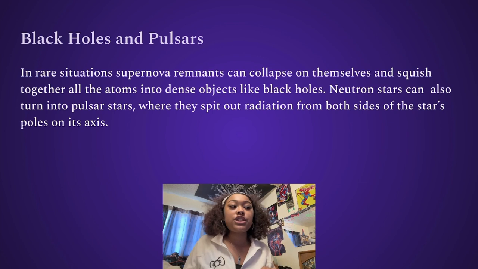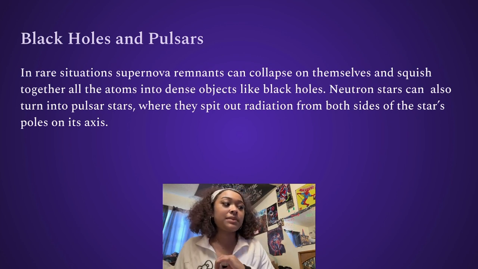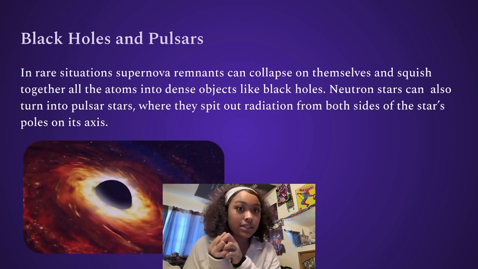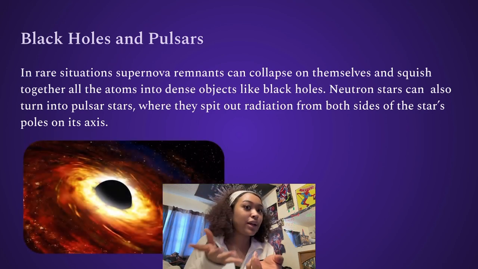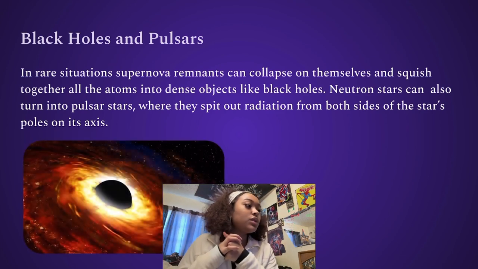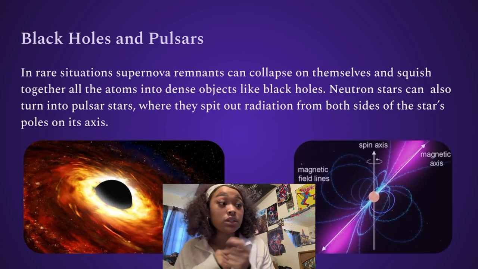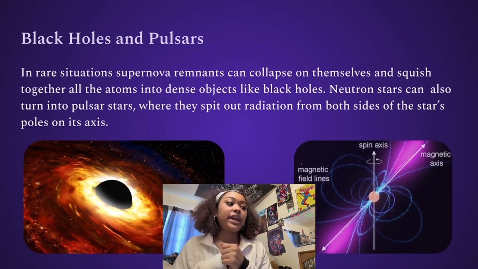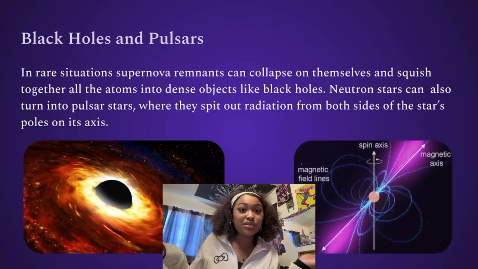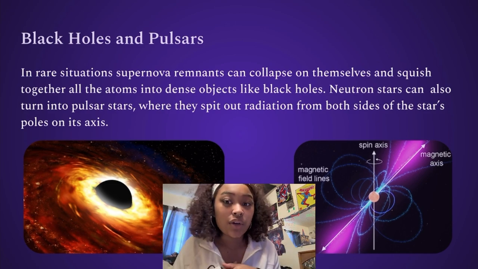So in rare situations, supernova remnants can collapse on themselves and squish all of their little atoms together into dense objects like neutron stars and black holes. Neutron stars can also turn into pulsar stars, where they spit out radiation from both of the star's poles on its axis. So it's like, I don't have a ball. We're gonna use this.